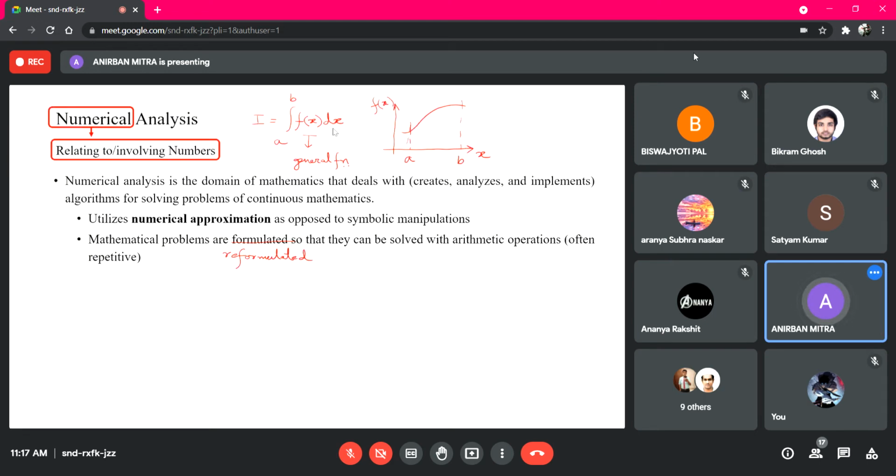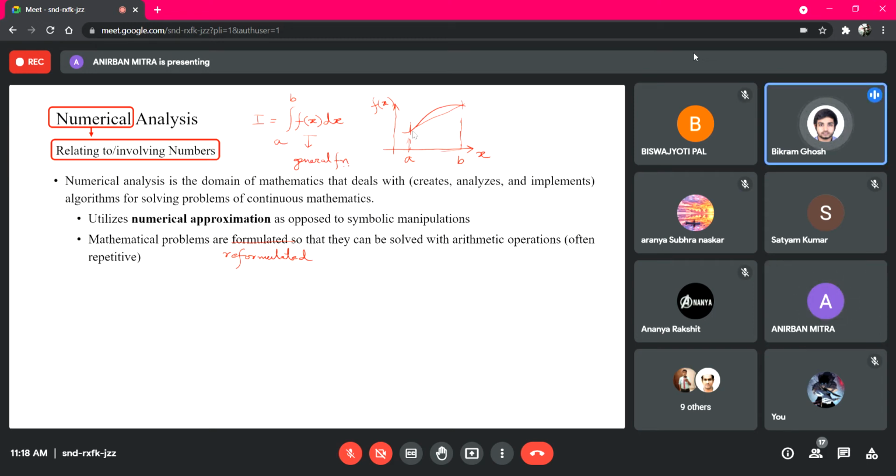But suppose I represent this area as a trapezoid like this. If I calculate that area, this area can be calculated very simply using arithmetic operations. How do you get the area?